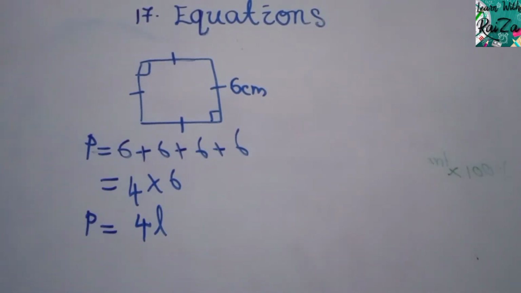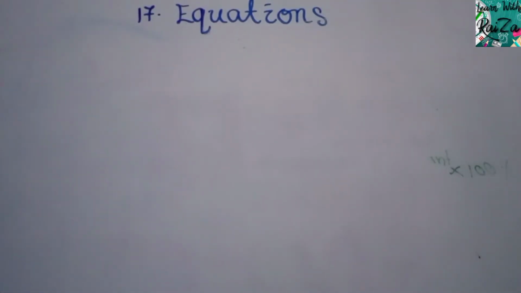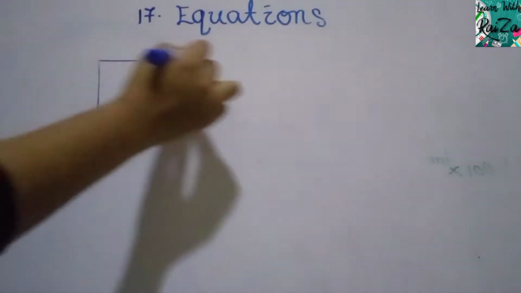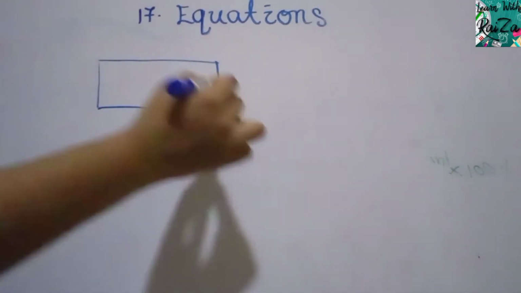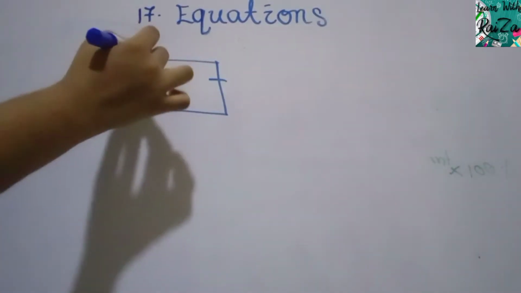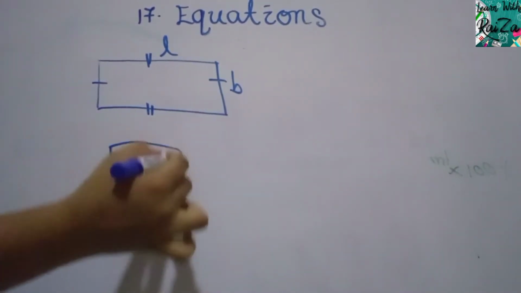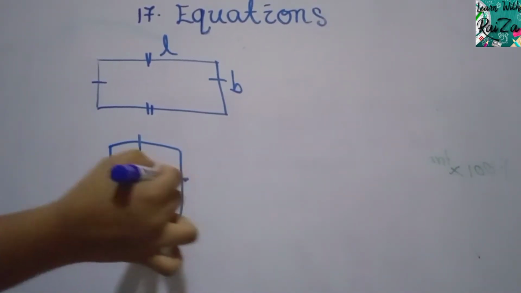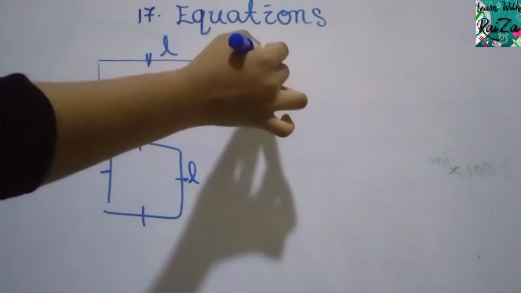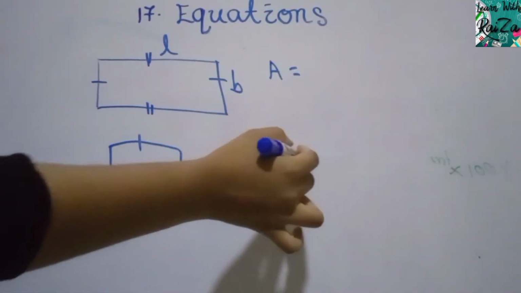So now I taught you the formation of simple equations for finding the perimeter of a square and a rectangle. Similarly, children, if you want to find a formula for the area of a rectangle, let me take length and breadth, and for a square, all sides are equal, length let's say. So area is equal to length into breadth.